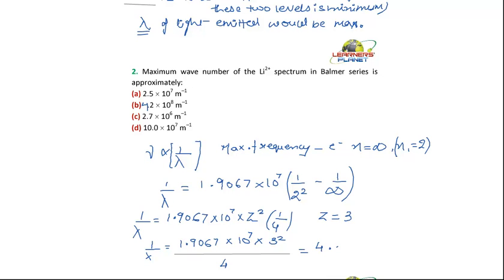Now what will the value be equal to? It comes out to be 4.2 into 10 to the power 7, and that should be meter inverse. That's why I corrected this option. None of the options was correct. So this is the way we find it out.